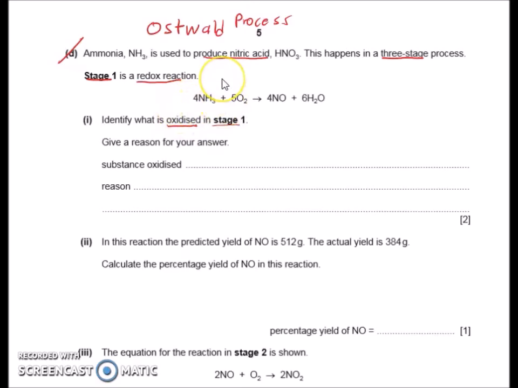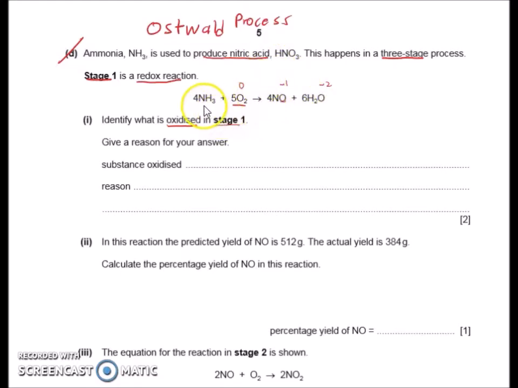If we take oxygen, here the oxidation number is 0. If you look at molecules or atoms, they must have 0. Here it is -1 and here is -2. So they are being reduced. So it's not for oxygen.